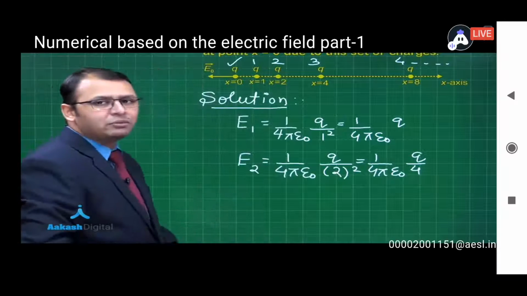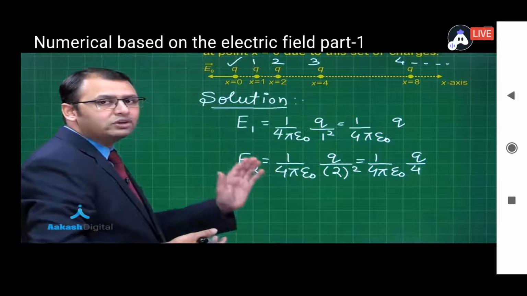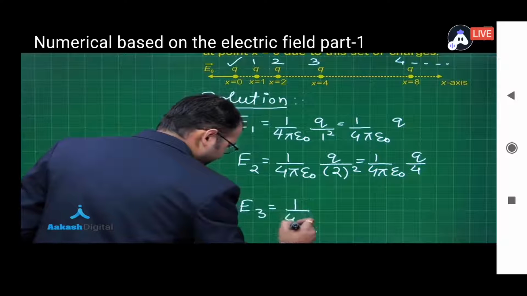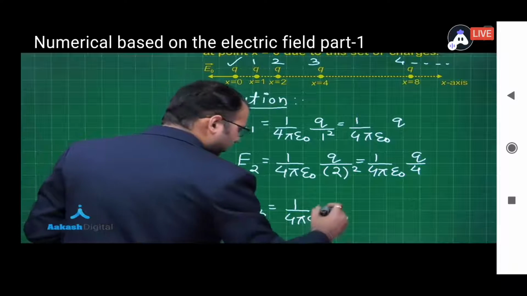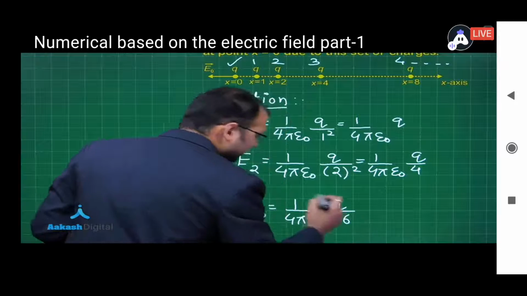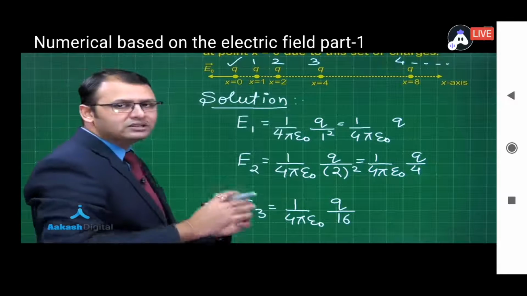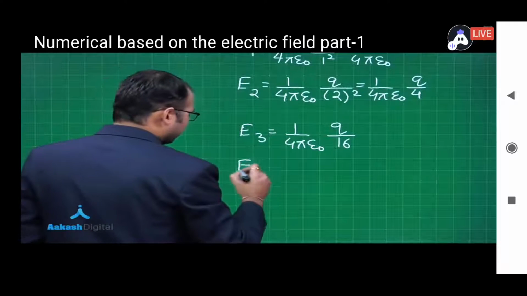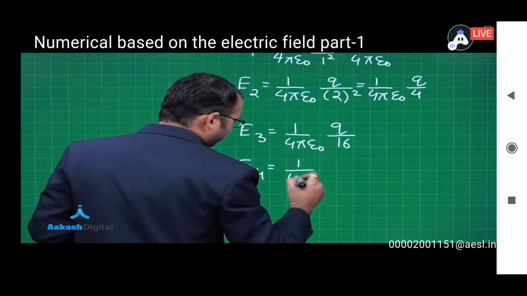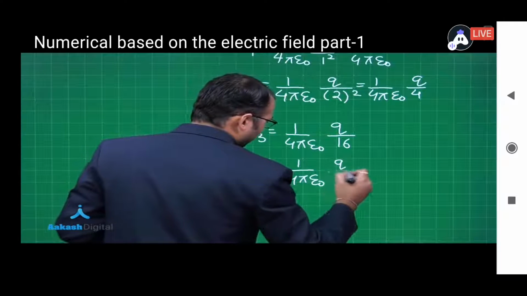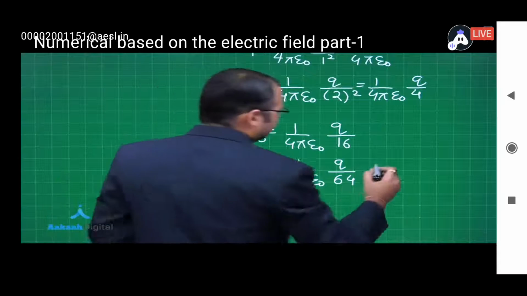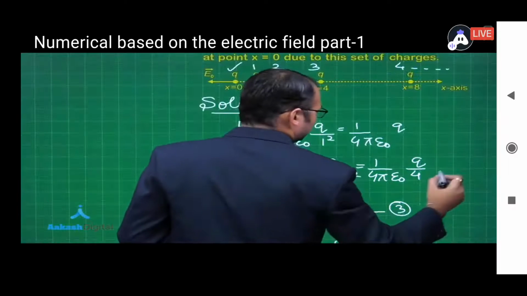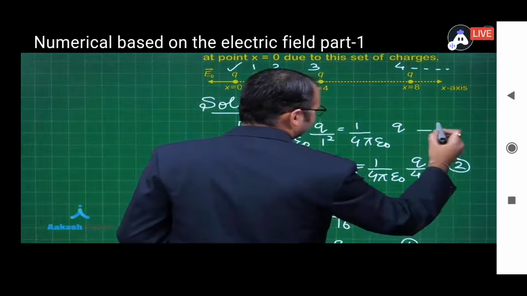This is nothing magical, I am just writing down the electric field due to individual charges. Similarly for the third, it will be 1 upon 4 pi epsilon naught q upon 16, because the distance is 4 meters and the square of 4 is 16. And E4 would be 1 upon 4 pi epsilon naught q upon 64. Let's take these as the first, second, third and fourth equations.